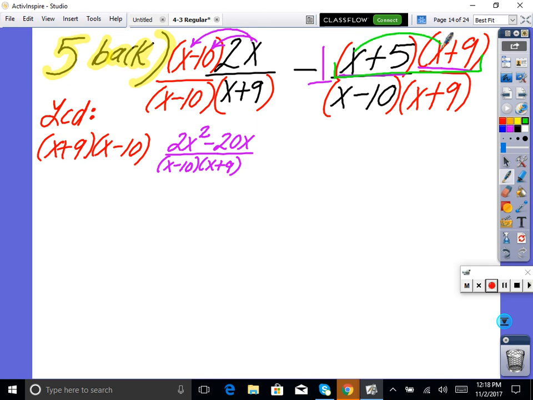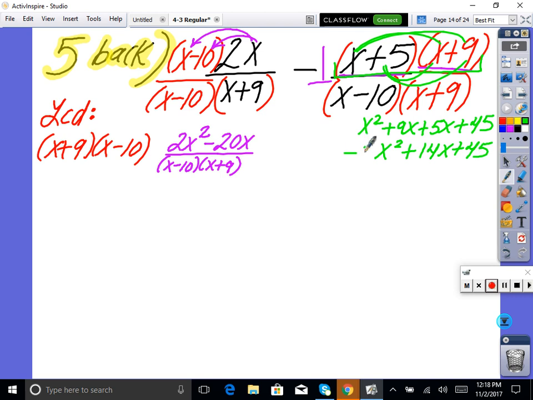Here we go. X times x is x squared. X times positive 9 is 9x. 5 times x is 5x. 5 times 9 is 45. Combine like terms. X squared plus 14x plus 45. And now we'll remember, we're now going to multiply negative 1 to all that stuff.